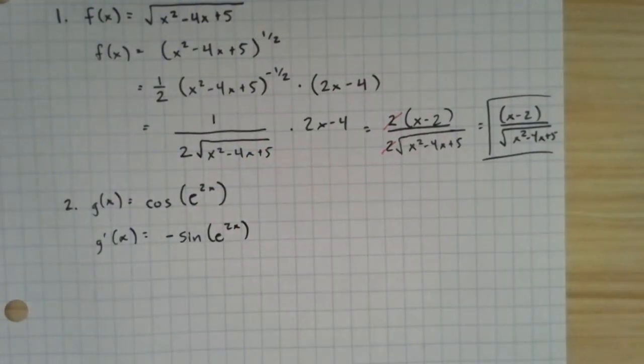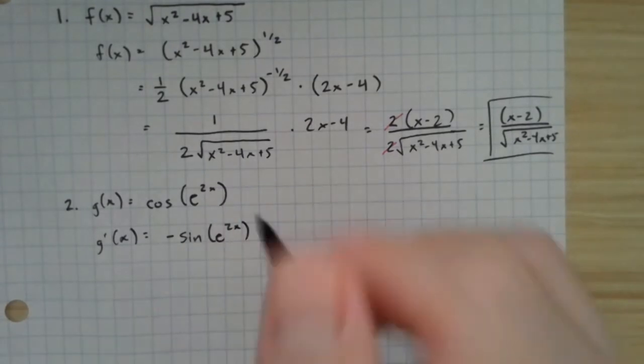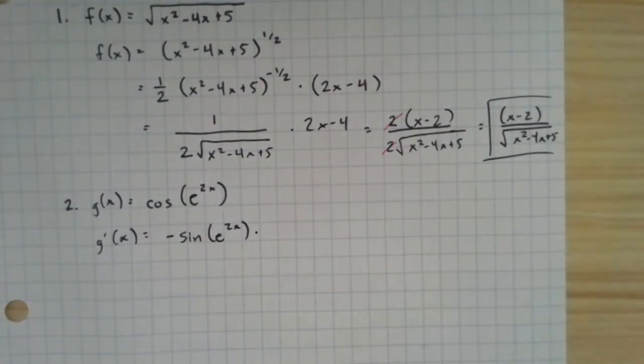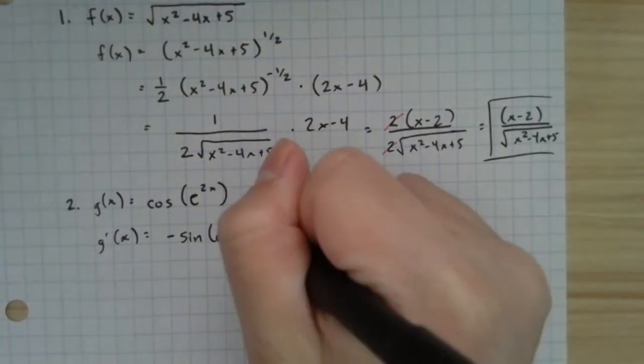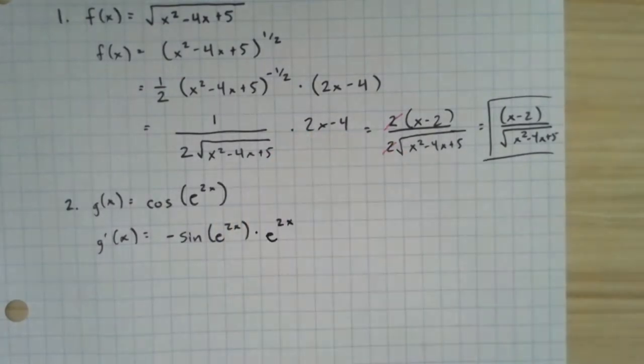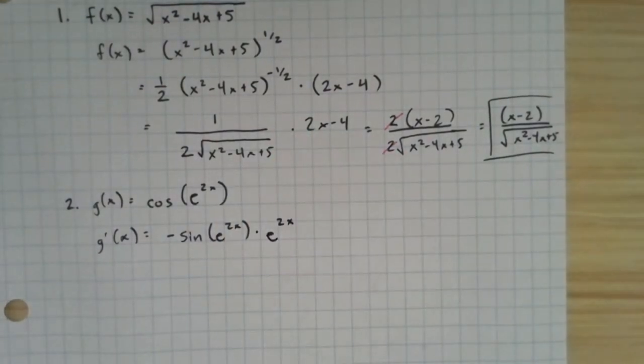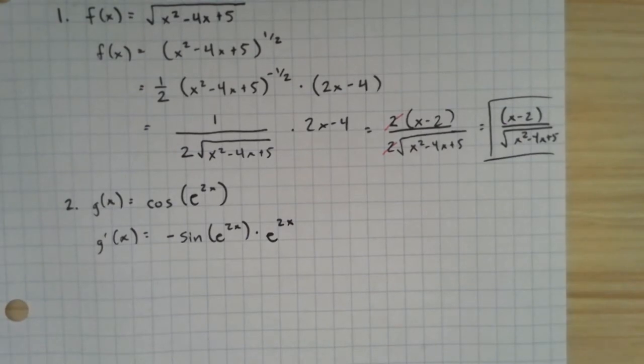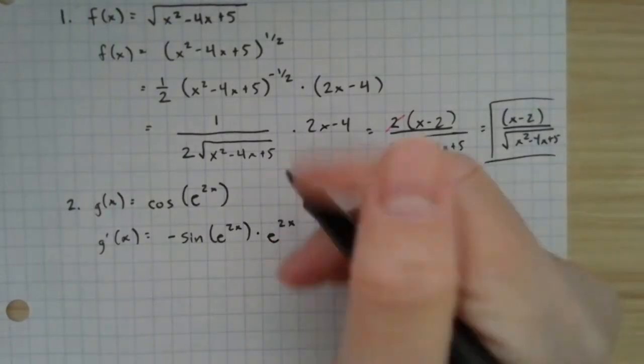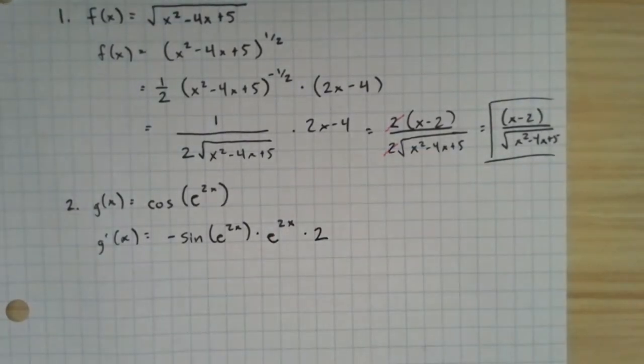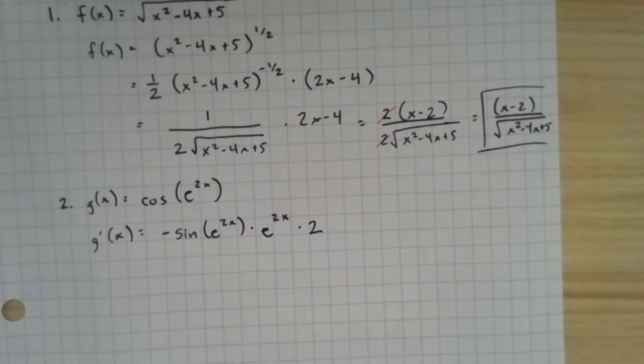Now the derivative of the inside, we know the derivative of e to the x is e to the x, so then you'll get e to the 2x, but the derivative of e to the f of x, chain rule, would be e to the f of x times f prime of x, so then the derivative of the exponent, so then times 2, because the derivative of 2x is 2.